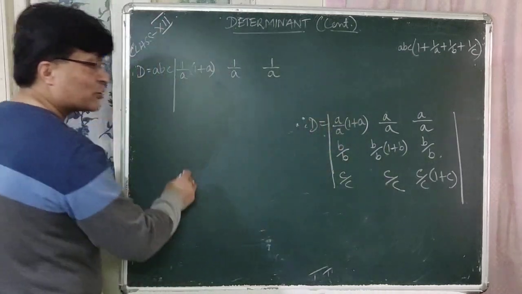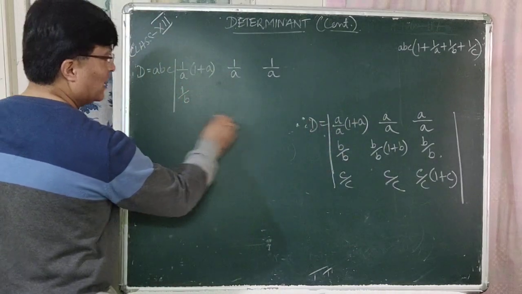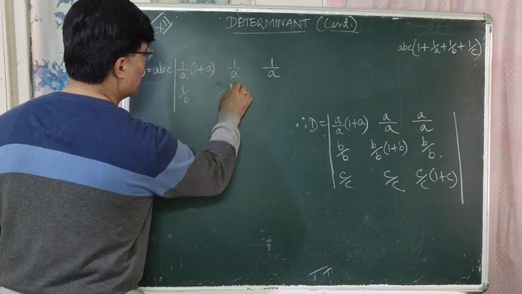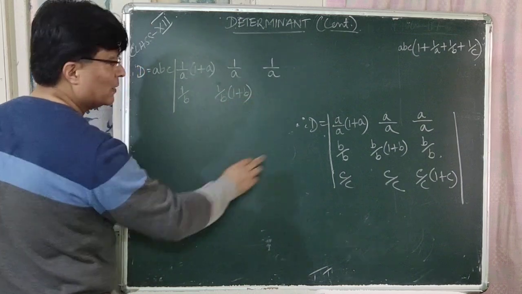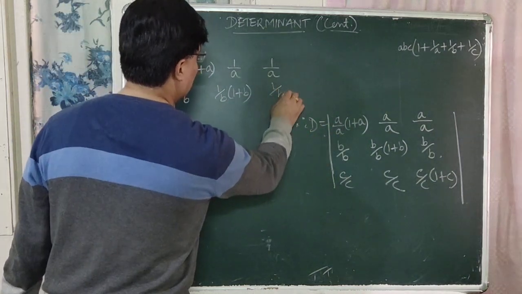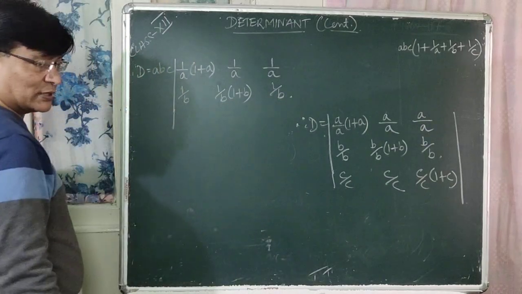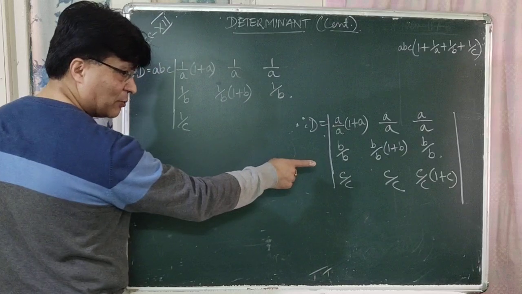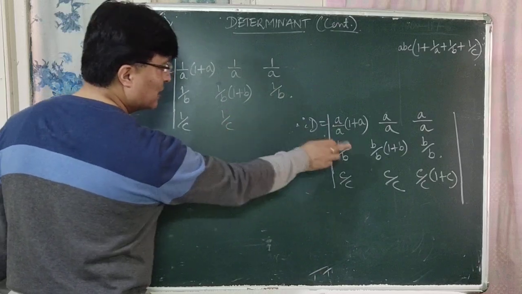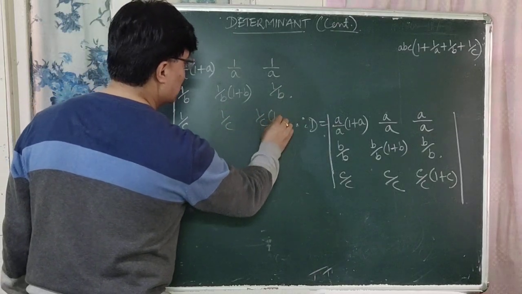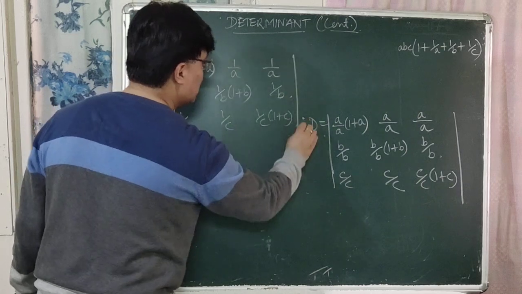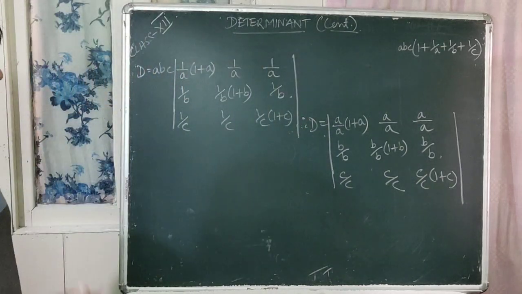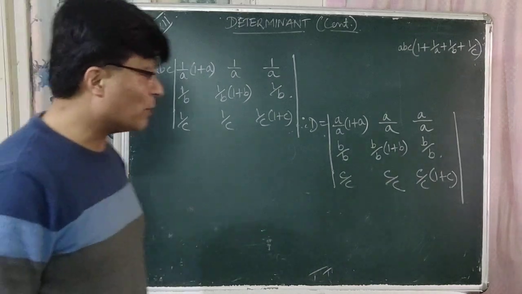From the second row, B is common. 1 upon B, this is also 1 upon B within bracket 1 plus B, this is also 1 by B. What is the third row? 1 upon C, C is taken common here, 1 upon C, this is also 1 upon C within bracket 1 plus C. So we got this determinant, so you can copy it.